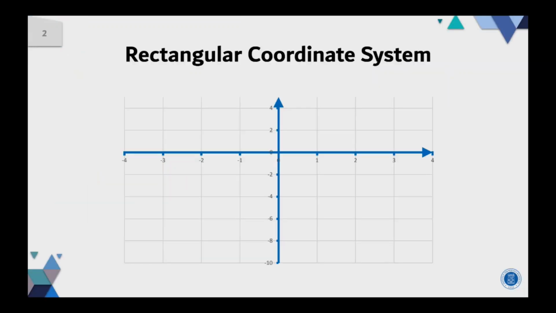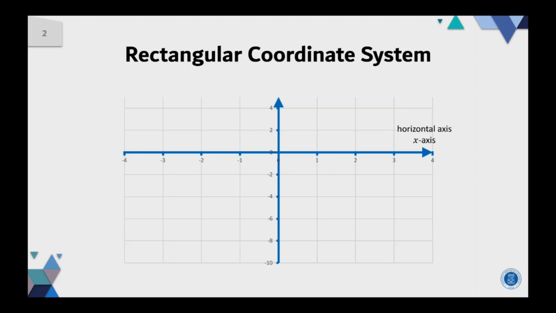Okay, so before we learn how to draw a graph of a function, we will use what we call the rectangular coordinate system. So here we have a plane, and then we divide the plane by using two lines, one horizontal and one vertical.